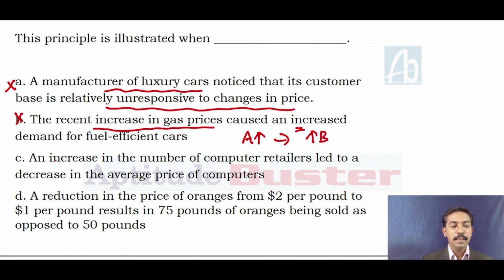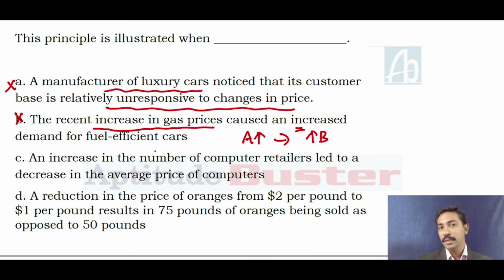Look at option C. An increase in the number of computer retailers led to a decrease in the average price of computers. I would say this is the most deceptive answer choice, which is seemingly similar to the principle being illustrated. Why do I say seemingly? When the price is up, demand will be down.